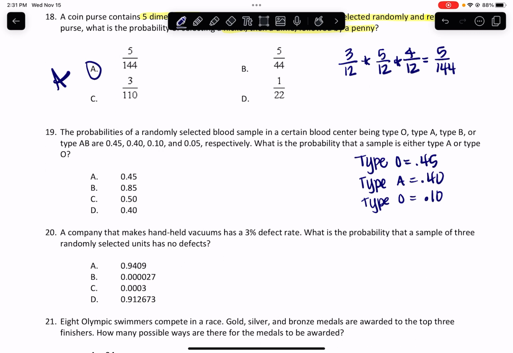Sorry, we had already had O. That is B. And type AB is 0.05. What is the probability that it is either A or O? And these are mutually exclusive. You can't overlap blood types. So 0.45 plus 0.40, which is 0.85, which is answer choice B.